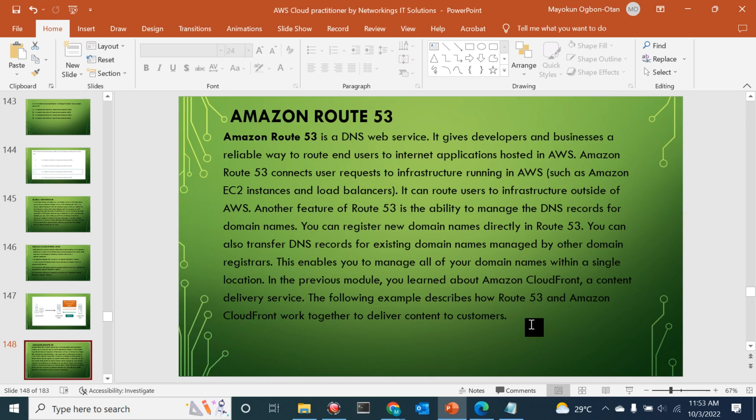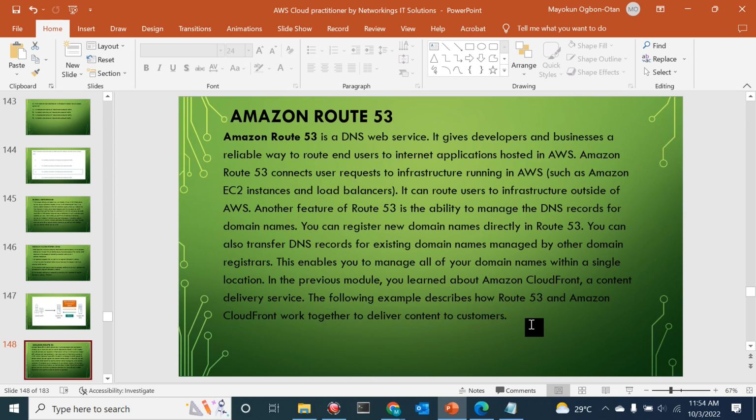In the previous module, you learned about Amazon CloudFront, a content delivery service. The following example describes how Route 53 and Amazon CloudFront work together to deliver content to customers. Thank you so much. Now, I believe that we can all still recall what Amazon CloudFront does, right? Can you explain?